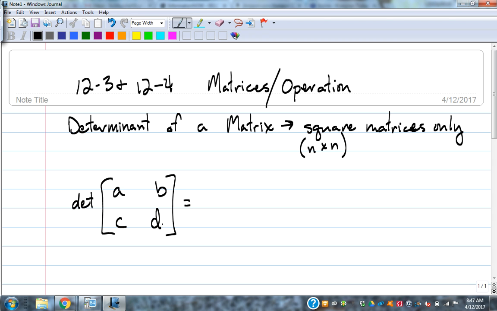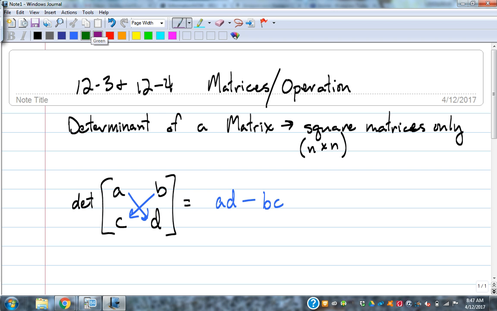The determinant of a 2 by 2 can be done in the calculator, but I don't ever do it that way because I'm faster by hand. You will be too if you know your multiplication tables, because the way you find the determinant of a 2 by 2 is you cross multiply: A times D minus B times C. That is how you find the determinant of a 2 by 2.